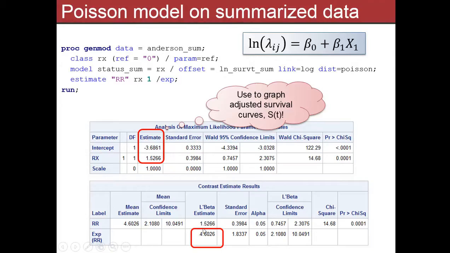And then the estimates for the model coefficients themselves are useful for making an adjusted survival curve. You can just grab these and directly plot the function, the e to the linear function. That's going to give you the survival curve estimated from Poisson regression, and we'll graph that too. So this is really cool.